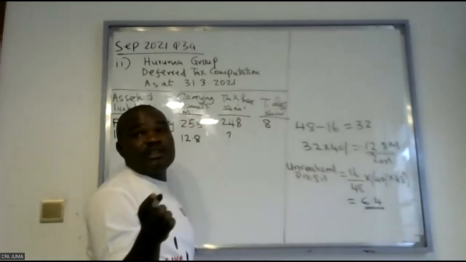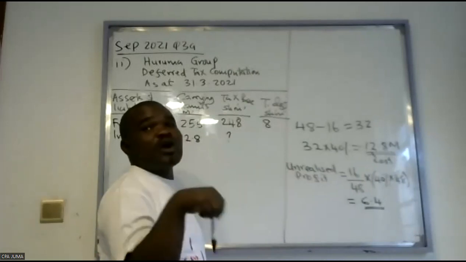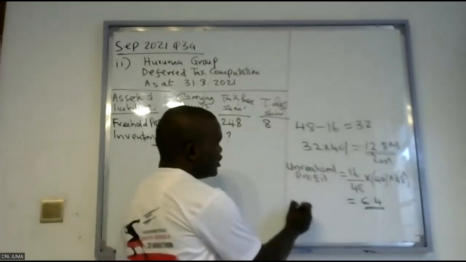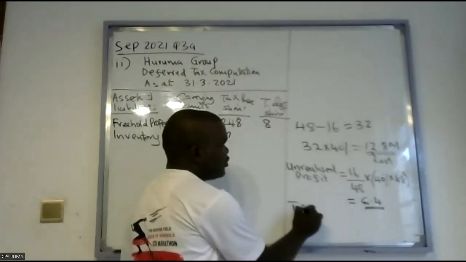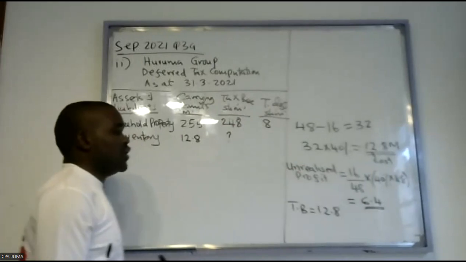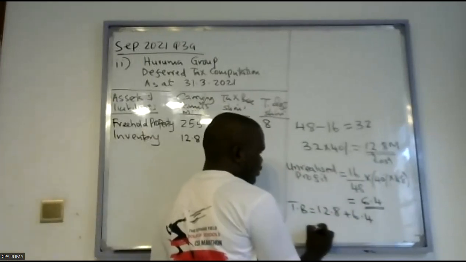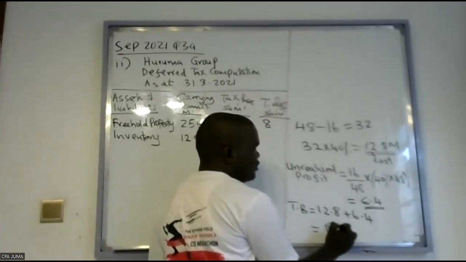For taxation purposes, I will gross up because people will be subtracting unrealized profit to understate tax. So the tax base will be the cost of the stock in the store plus the unrealized profit of 6.4. That should give you your 19.2.